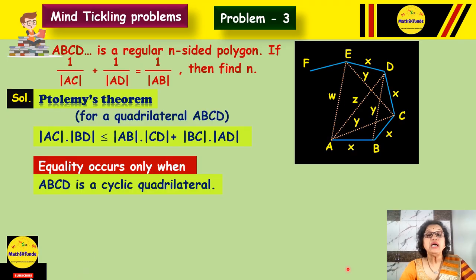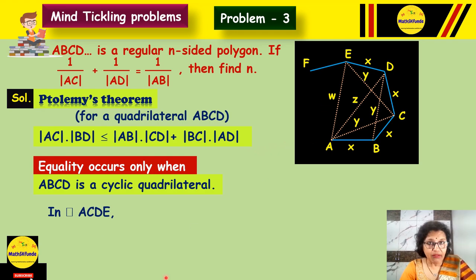Now, if I apply Ptolemy's theorem on the quadrilateral A, C, D, E, the product of the two diagonals would be YZ, and the products of the opposite sides: X, W would be opposite sides, and Y, X would be the other two opposite sides. So in ACDE, XY plus XW, that would be your right hand side, would be greater than or equal to the diagonals' product, YZ.